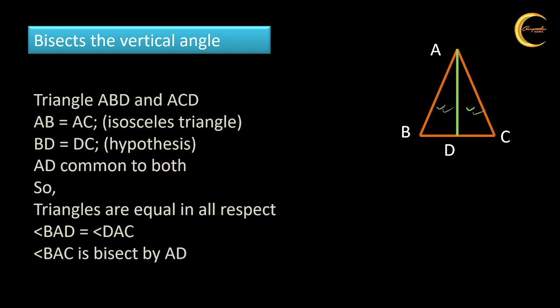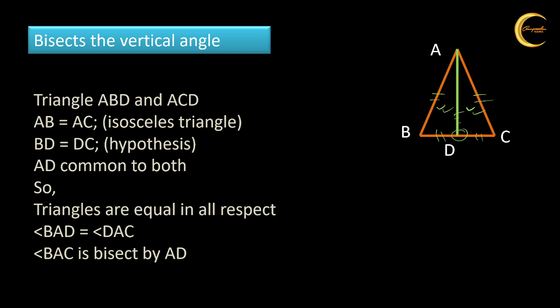So how will we prove that these two triangles are equal? First, this is an isosceles triangle, so AB equals AC. And this point D is the middle point, so BD equals DC. And AD is common to both triangles.